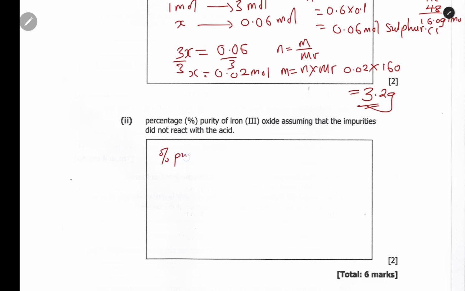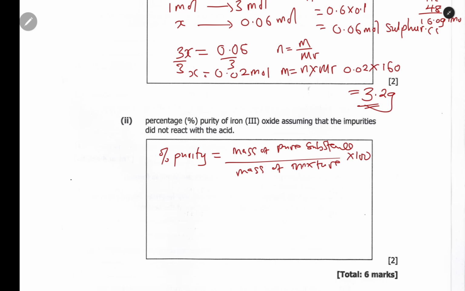Percentage purity is equal to mass of pure substance divided by mass of impure sample or mixture, multiplied by 100.